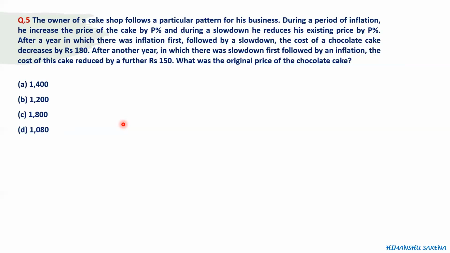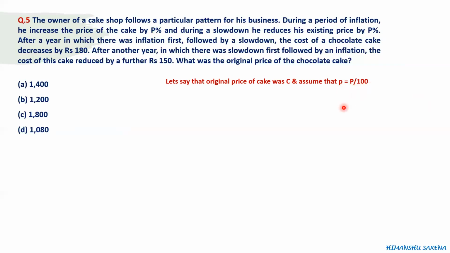So in this question, we have been given 2 years data. So let's see how we solve this question. Let's say that the original price of the cake was C and assume that small p is equal to capital P by 100. So he increases or decreases his rates by capital P%. So instead of P%, let's say small p is the number which is capital P by 100.